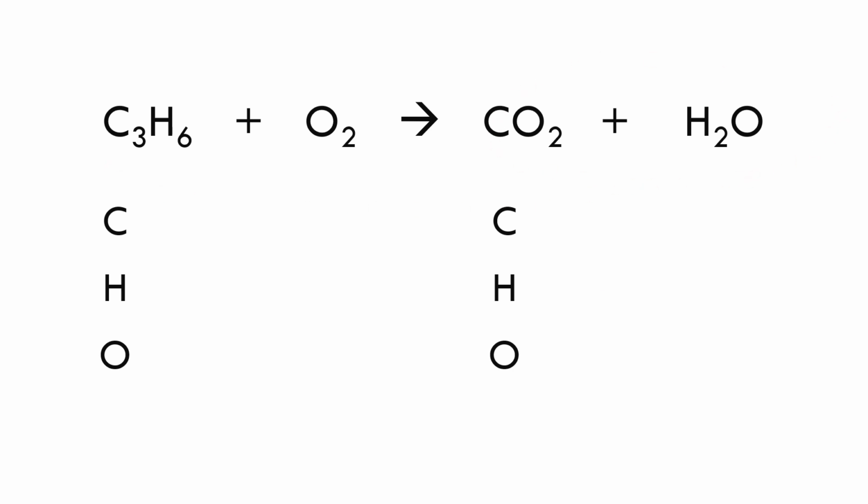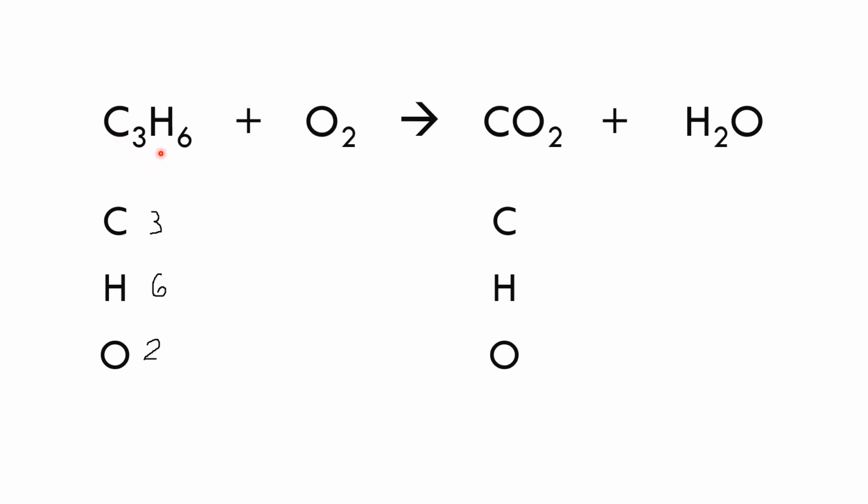Let's do our initial counts. Over here, we have 3 carbons, we have 6 hydrogens, and we have 2 oxygens. The way that we get these counts is right now there's no coefficients in front. So all we have to do is look at our subscripts. We don't have any parentheses, so this 3 goes to the carbon, there's 3 carbons.